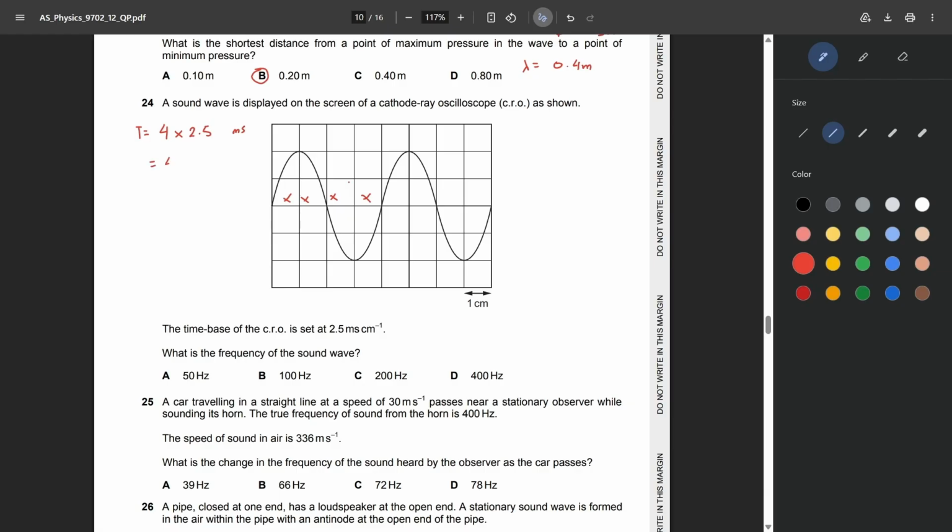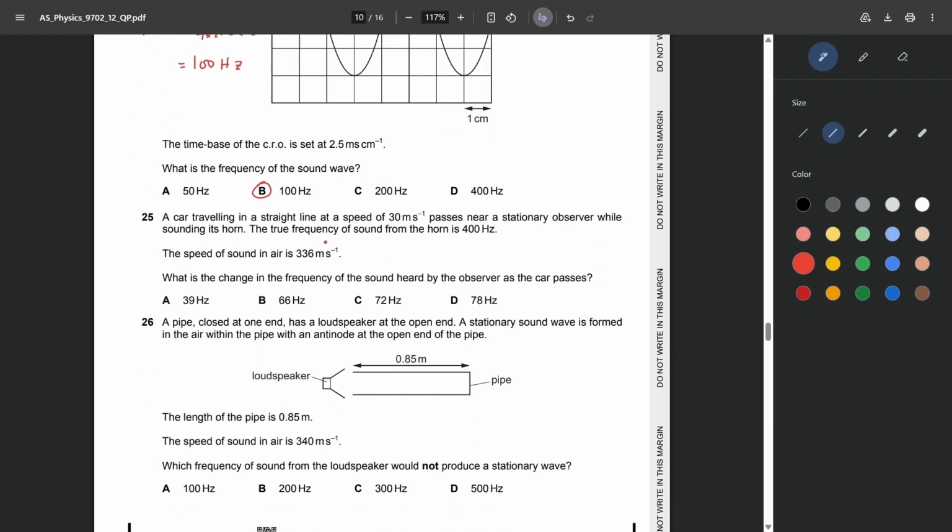So the time period is 4 times 2.5 times 10 to the power of minus 3 seconds, and the inverse of the time period is the frequency. Frequency would be 1 over 4 times 2.5 times 10 to the power minus 3, which is 100 Hertz. Option B.